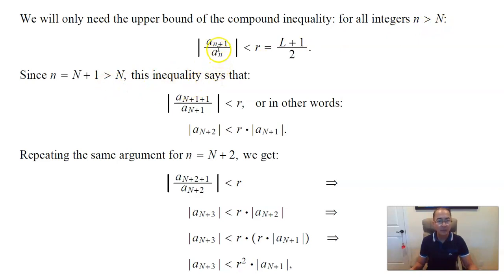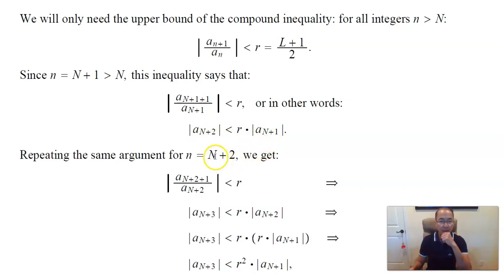Plug in N plus 1 for little n, and we get a_{N+2} in the numerator and a_{N+1} in the denominator, which we can rewrite as |a_{N+2}| is smaller than r times |a_{N+1}|.